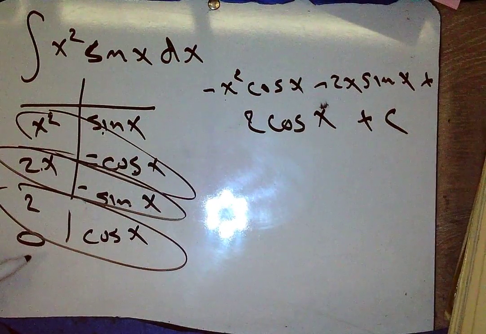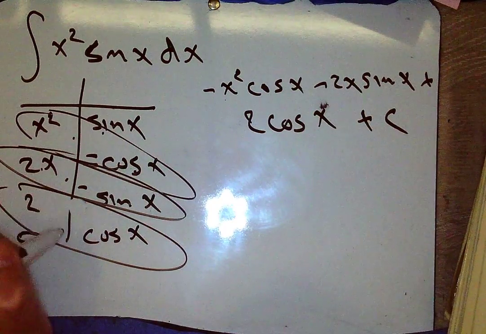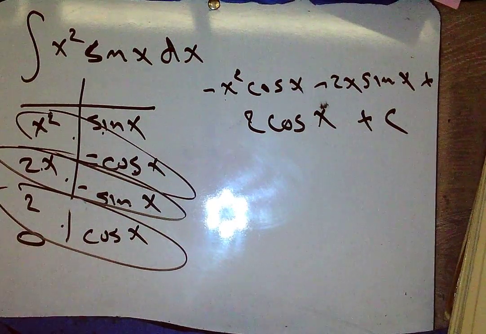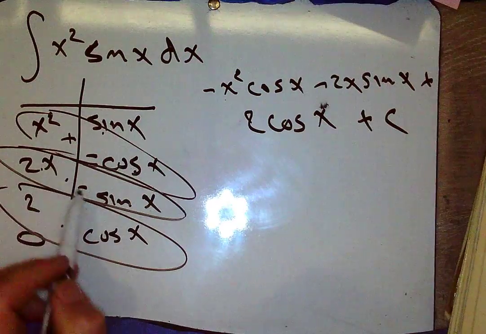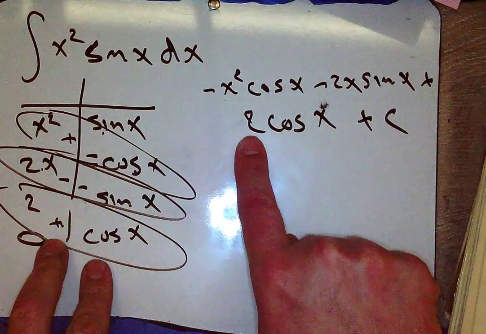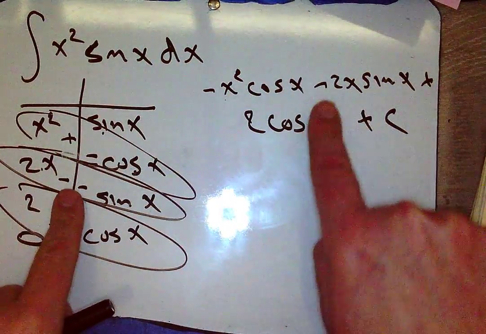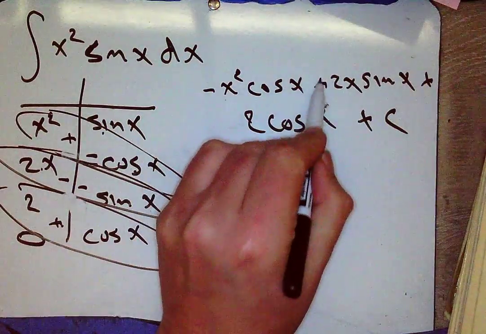What else did we forget? Right, we have to multiply this and this and this by a thing. So we multiply here by a positive, by a negative, by a positive. So the sign is not changing on this one. The sign is not changing on this one, but the sign is changing on this one.